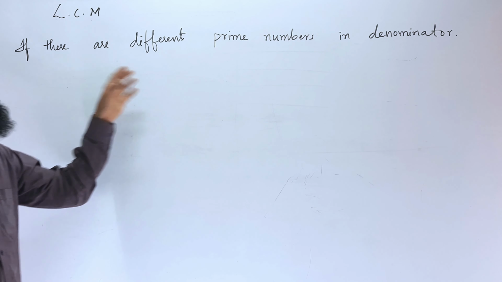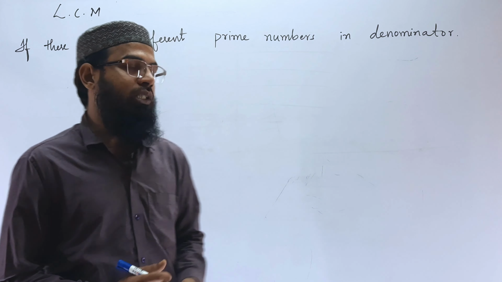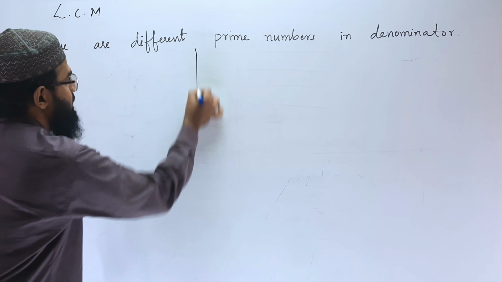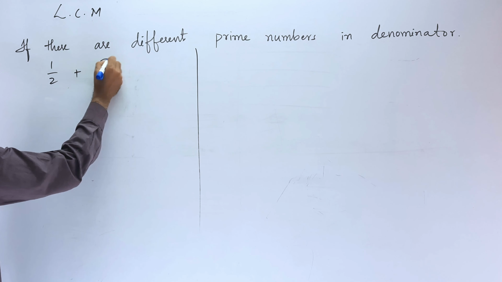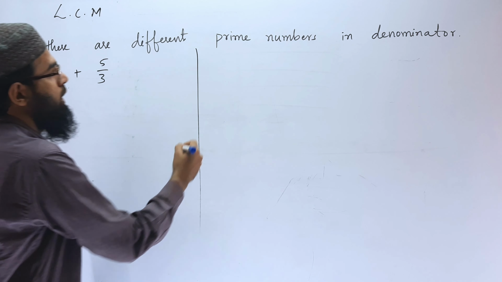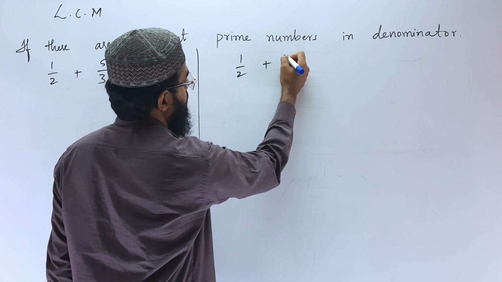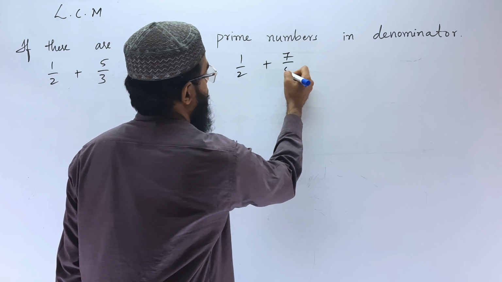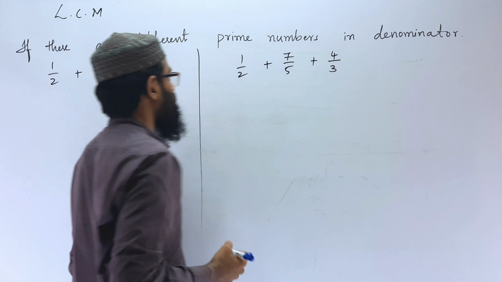If there are different prime numbers in denominator, then we will find the LCM like this. Suppose let us take two examples. Here I am taking 1 by 2 plus 5 by 3. And for three numbers, I am taking 1 by 2 plus 7 by 5 plus 4 by 3.